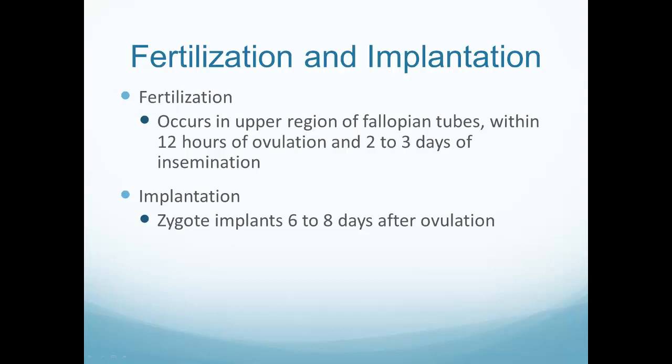Next, implantation occurs. Now this takes about 6 to 8 days after ovulation that we're actually going to have the zygote implant on the wall of the uterus. Okay, so that's going to be a separate process that the egg is going to roll down the fallopian tube, become fertilized, and then implant on the uterine wall.